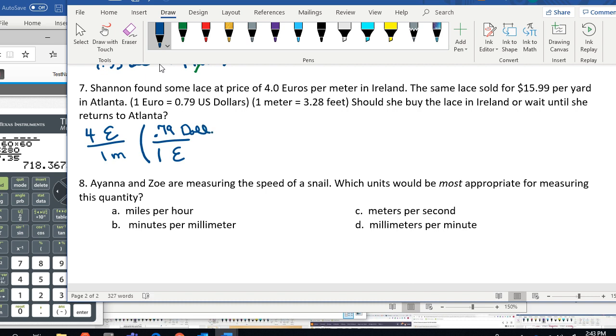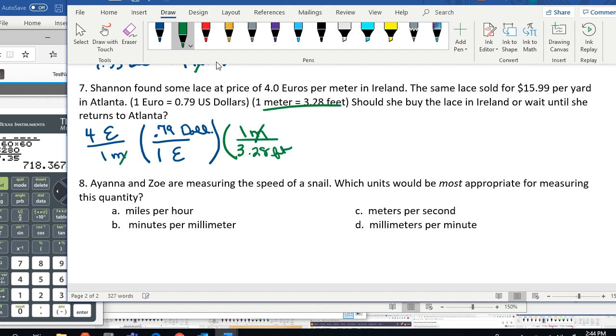It's usually just made with a dollar symbol, but we're not doing that for euros. So I'm just going to keep it like that. Now I'm in dollars. Now I got to get per yard. So 1 meter is 3.28 feet, and I'm going to multiply now.